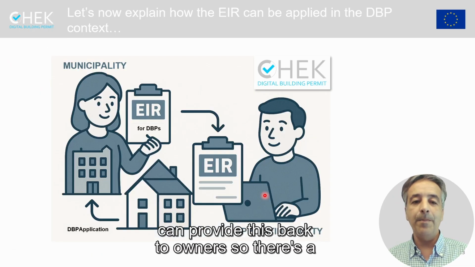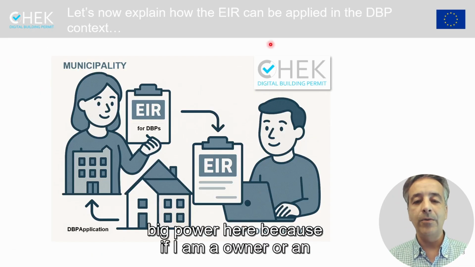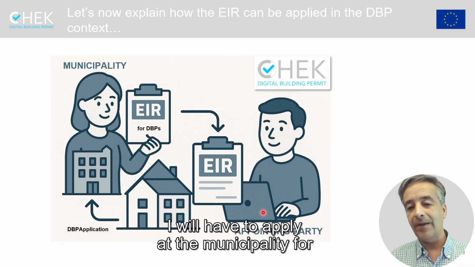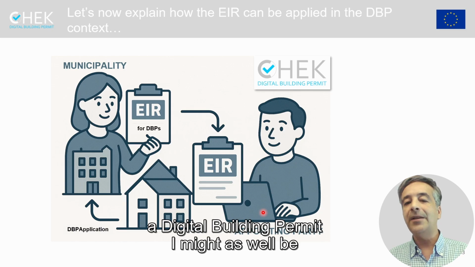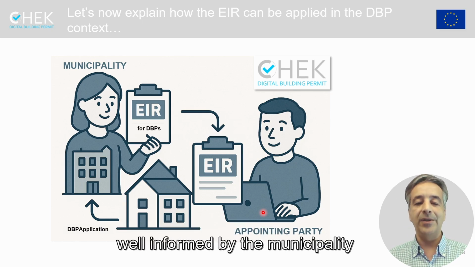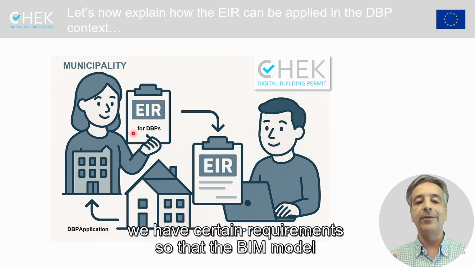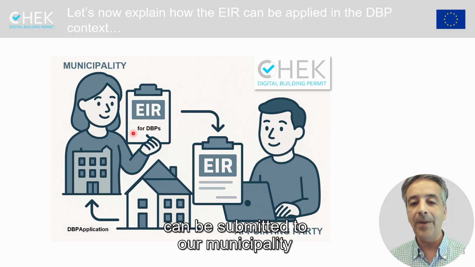So there's a big power here, because if I am an owner or an appointing party and I know that eventually I will have to apply at the municipality for a digital building permit, I might as well be well informed by the municipality: hey, we have certain requirements so that the BIM model can be submitted to our municipality.